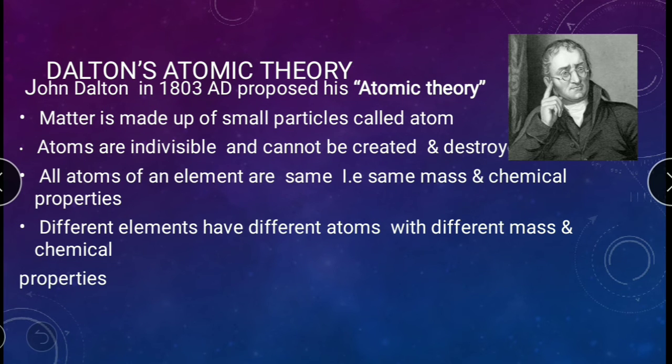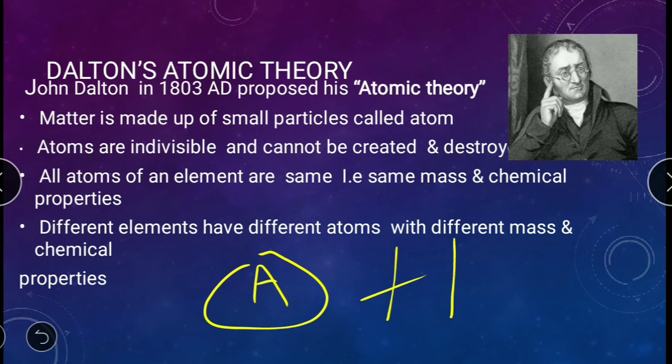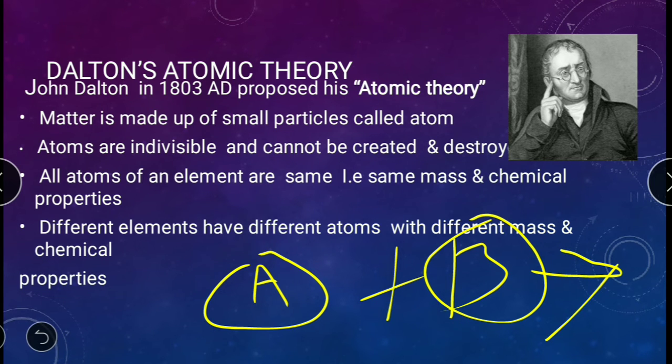For this, let us take an example. Suppose I have an element A and an element B. Suppose we have a chemical reaction between these two elements and we get a compound C. So the compound C will contain all the atoms of A and of B together, but it will not contain any other new element or new atom, and there is no destruction of any atom, that is, there is no loss of any atom like A or B in this reaction.